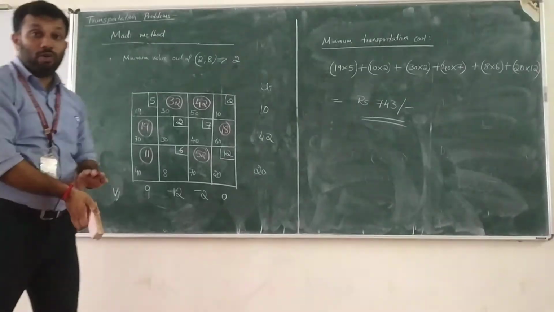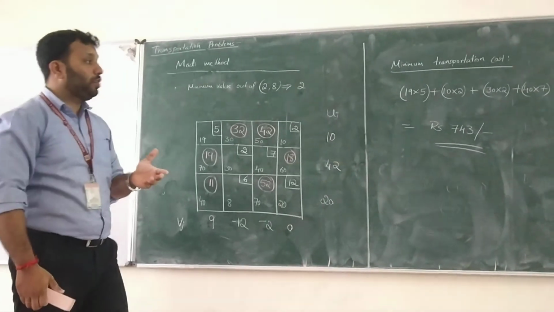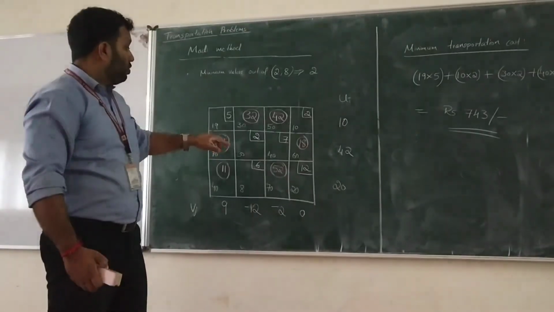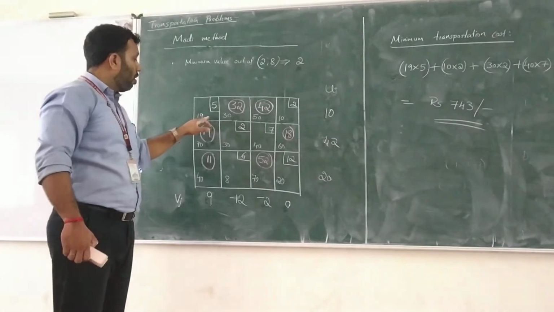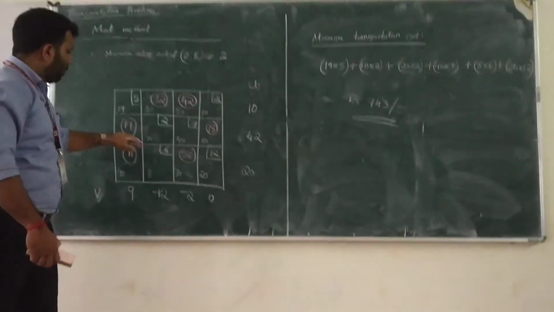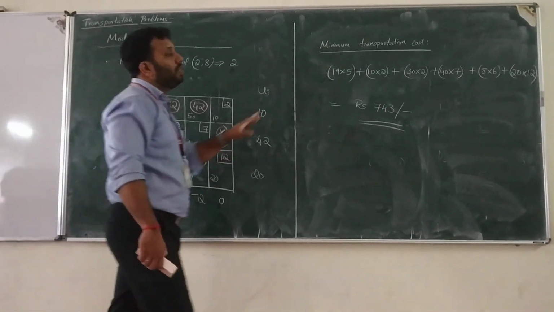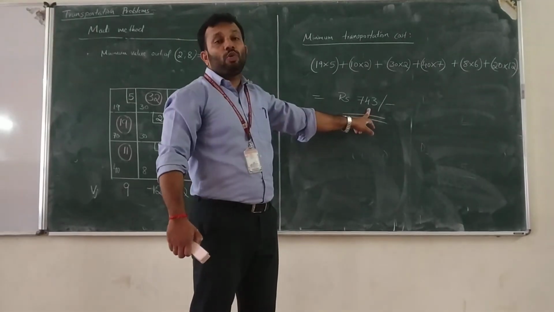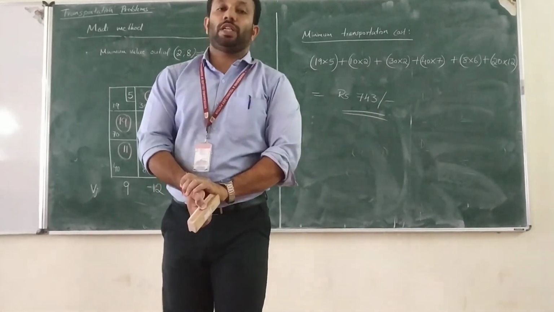Finally, we have to find out the minimum transportation cost looking into the allocation, as we used to do for Vogel's approximation or least cost entry method, all those methods, by multiplying the cost with the number of units. 19 into 5, 10 into 2, 30 into 2 plus 40 into 7 plus 8 into 6 plus 20 into 12. So finally we have arrived at this particular solution, that is rupees 743 is the minimum transportation cost. Thank you.